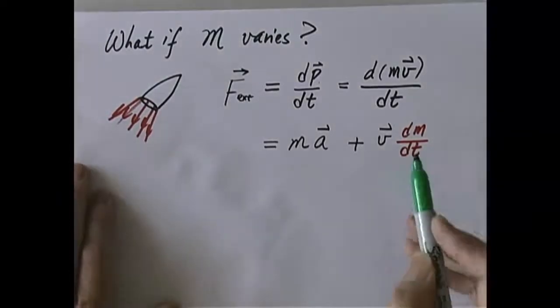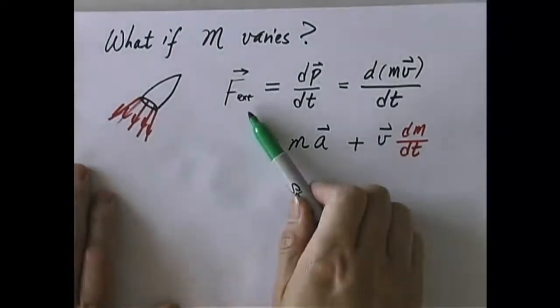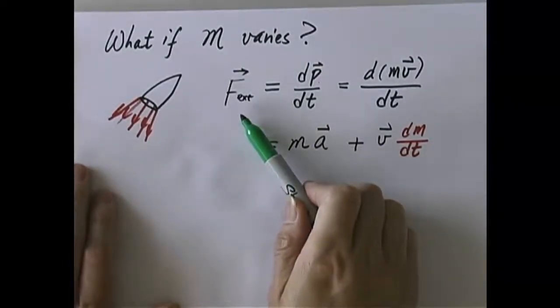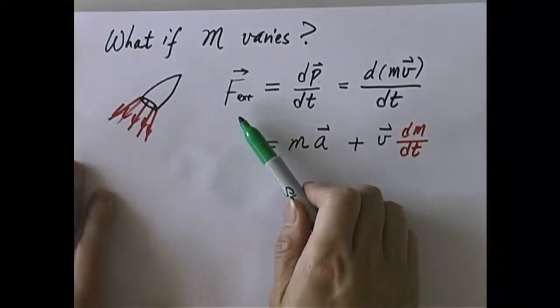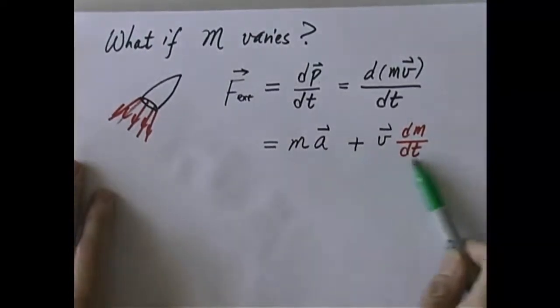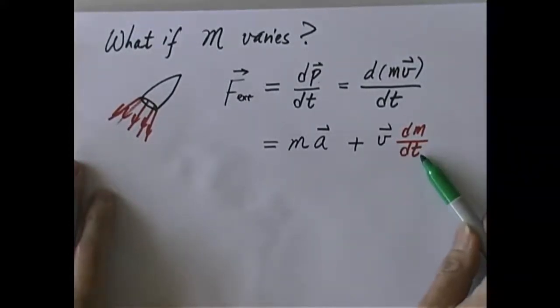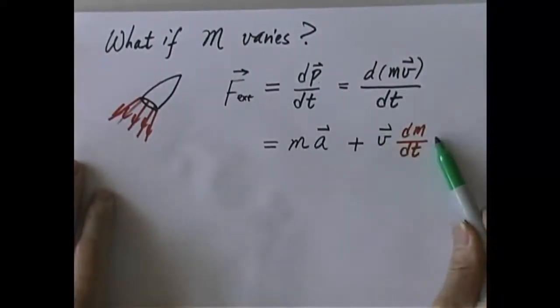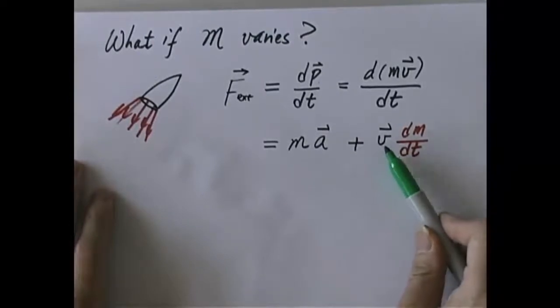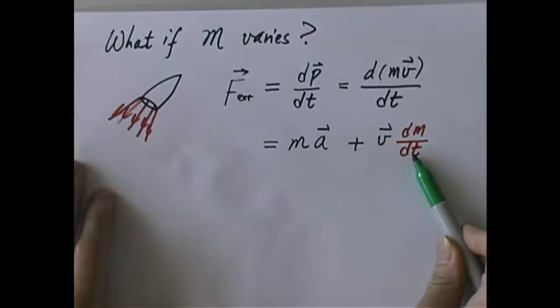And let's apply this to the case of a rocket in the middle of nowhere. What's the external force again? 0. There is no external force. So, does that mean a is 0? No, it means ma plus this term is equal to 0. All right, what's dm dt? Is it positive or negative when a rocket burns fuel? Well, the mass decreases, right? So dm dt is less than 0, which means this second term is opposite in direction to v, because it's v times a negative quantity, right?